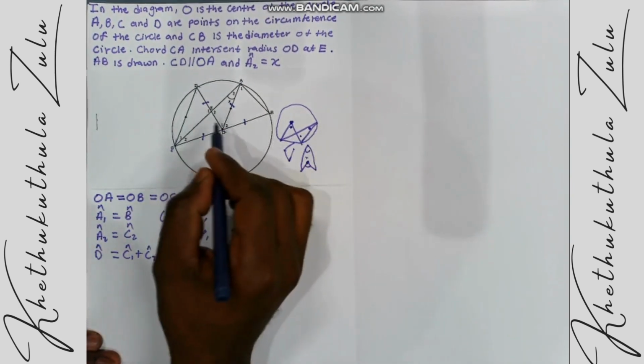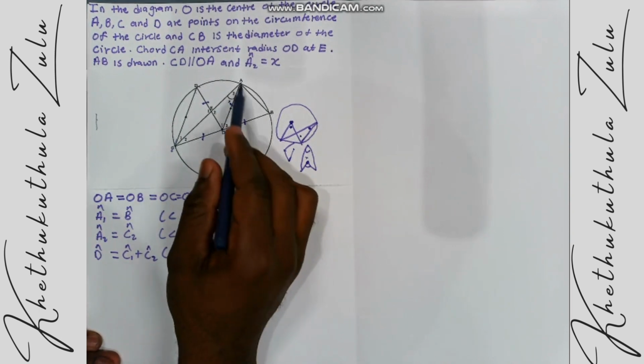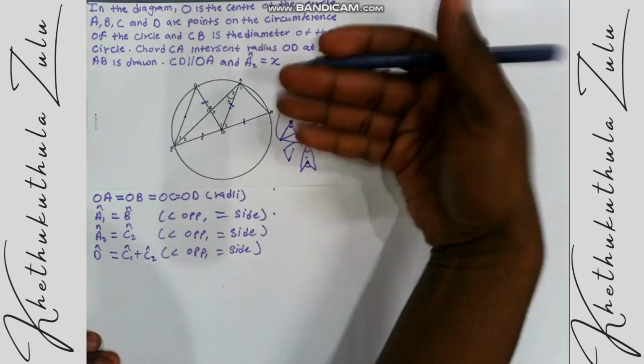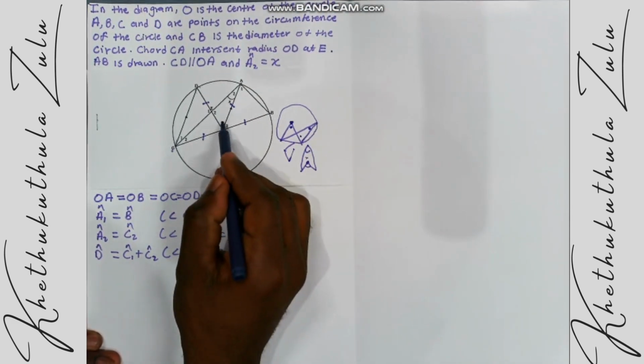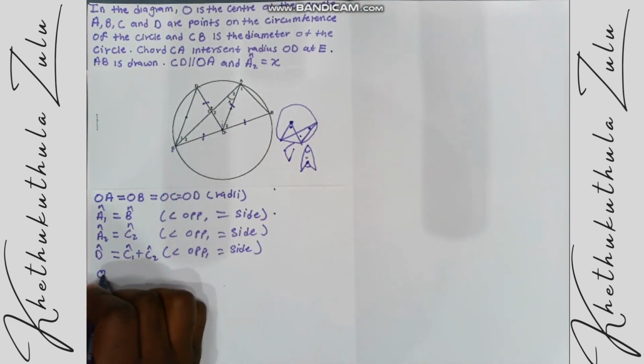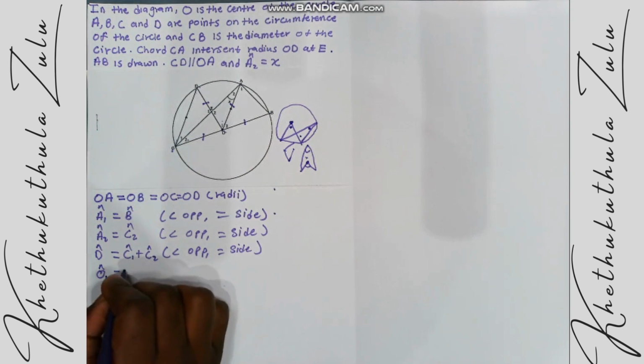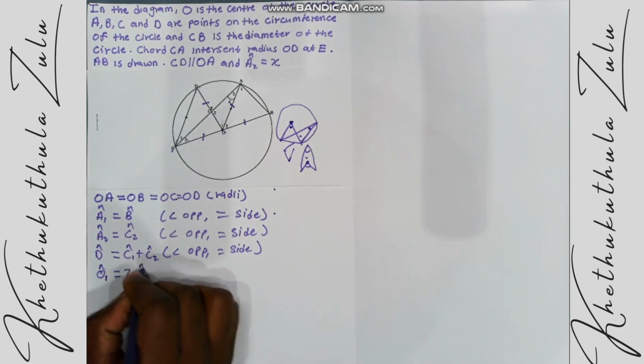Now see this diagram here: it's this one, but on the other side, the flip side of it. So this angle here, which is O1, is equal to 2 times C1.